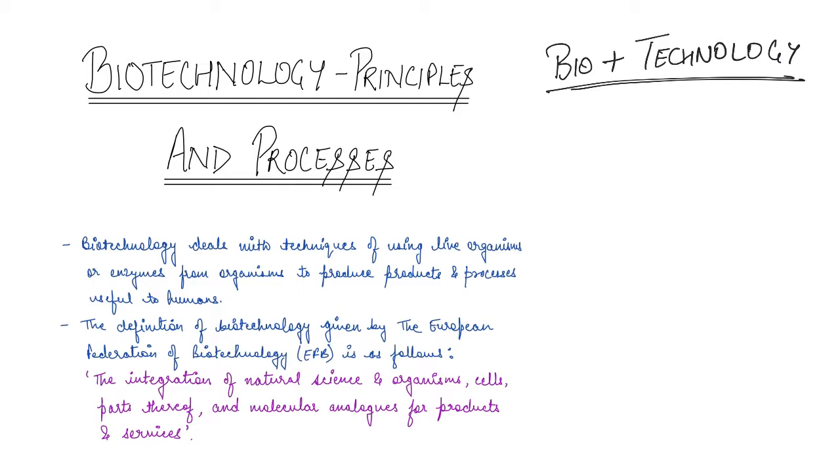So the techniques used with the living organisms, right? Now by using both of these, we basically get some products or processes around it, which is useful to human being, right? So basically, biotechnology deals with techniques of using live organisms or enzymes from organisms to produce products and processes which are useful to humans.